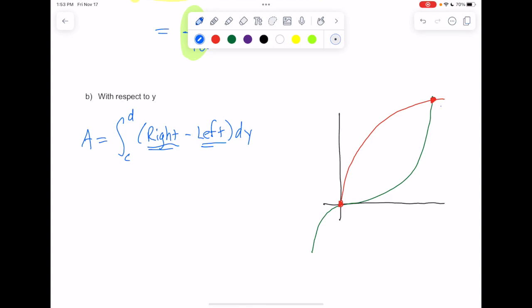If you want to know the y value, just plug that into one of the original functions. So I'm going to copy one of them down here, y equals x cubed. If you plug a 1 in there, you get 1 cubed, which is also 1. So our upper boundary as a y value will be a 1. And this one you can see is the point 0, 0. Before we were using the x of 0, now we're going to use the y. Because this time we're going to look at a rectangle that lays across.